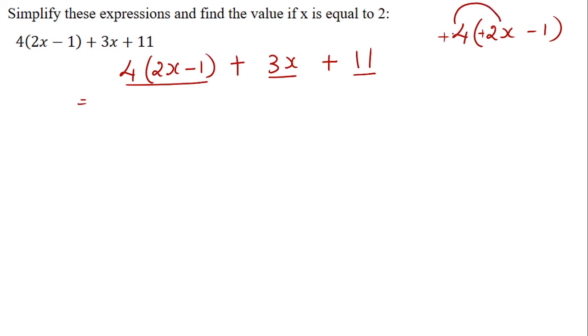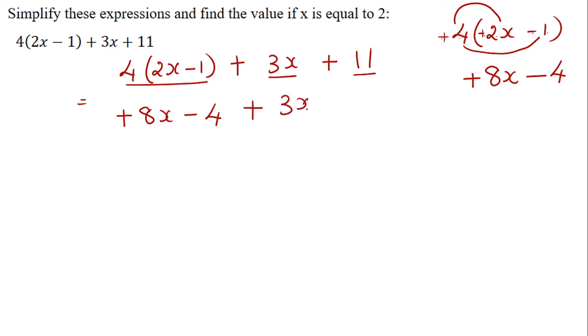So first multiply this, plus into plus is plus, 4 into 2 is 8, and then you have x, 4 into 2x is 8x. Now multiply this, plus into minus is minus, 4 into 1 is 4. So when you're simplifying this, you get plus 8x minus 4 plus 3x plus 11.